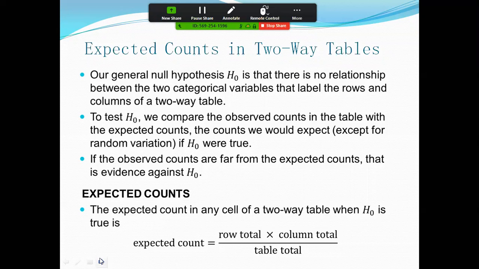If the observed counts are far from the expected counts, that is enough evidence against H0. Expected counts: the expected count in any cell of a two-way table when H0 is true is the row total times the column total divided by the table total.